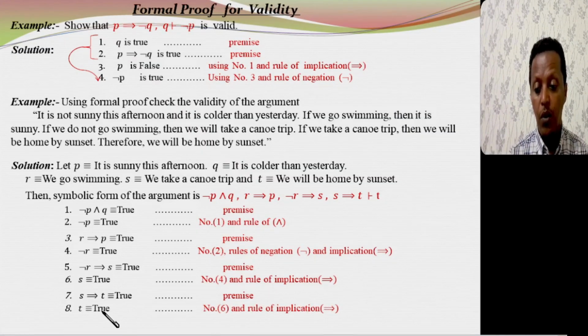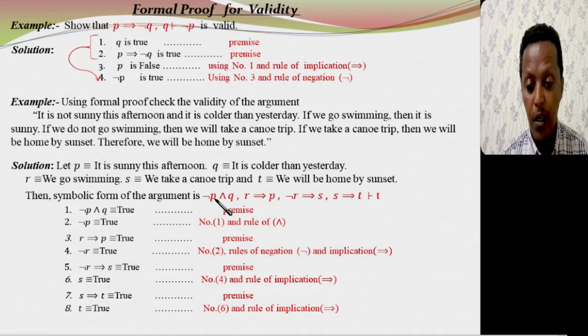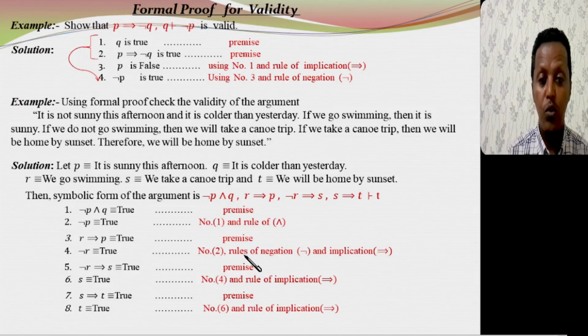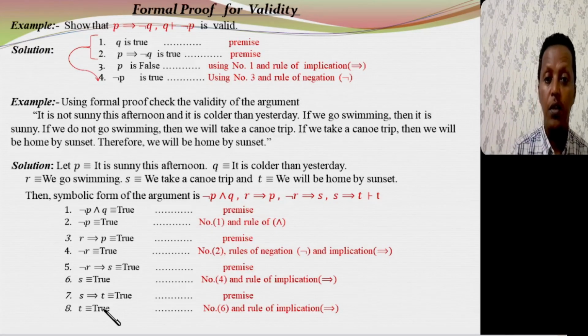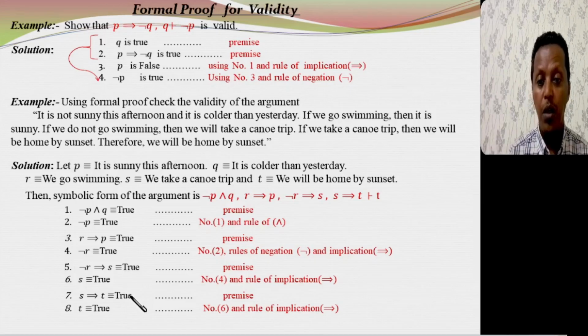So, by letting all the 4 premises be true, we get T, which is the conclusion of the argument, is always true. That means we prove that the given argument is a valid argument. So this is the way we apply the formal proof to check the validity of an argument. Thank you and see you.